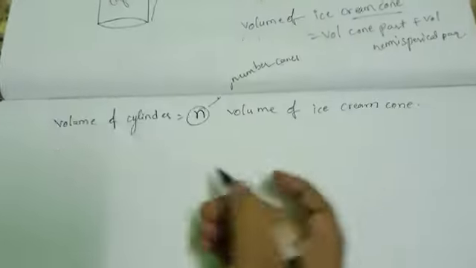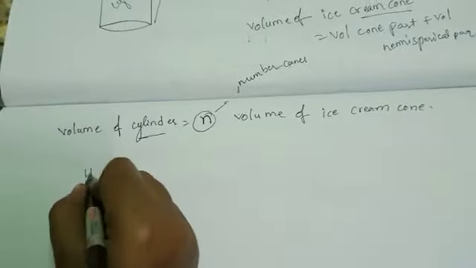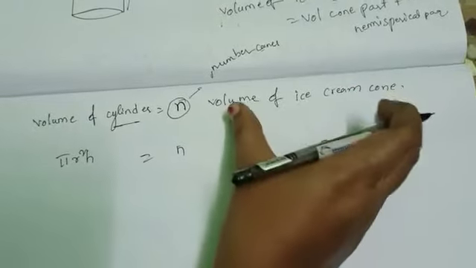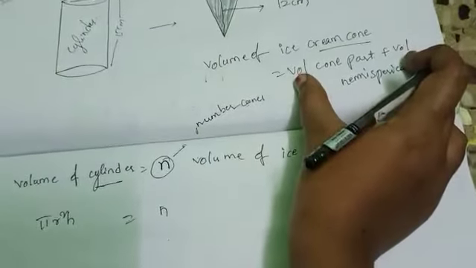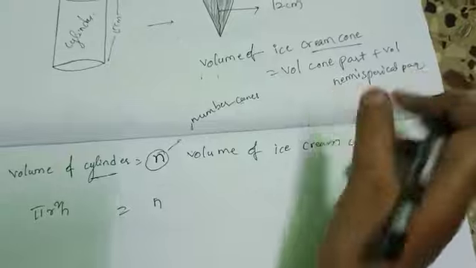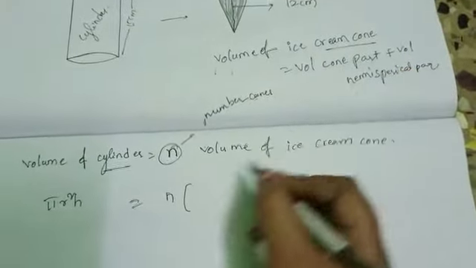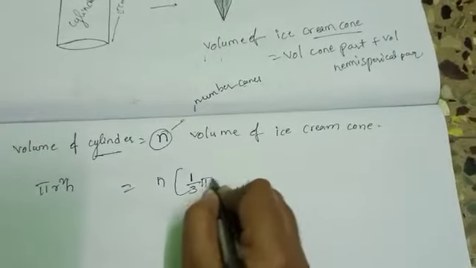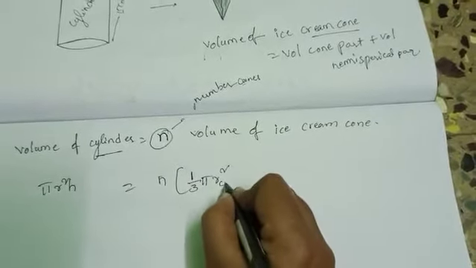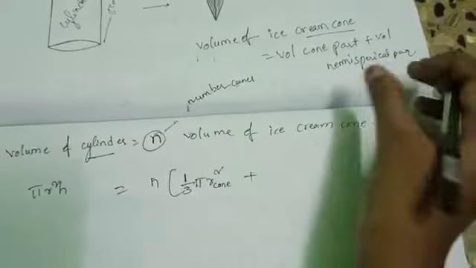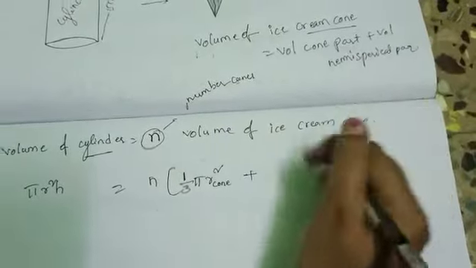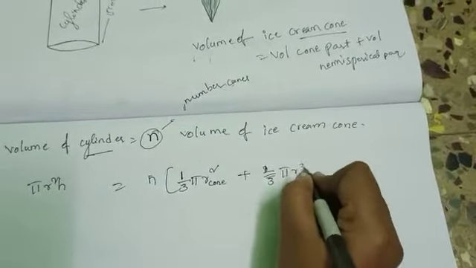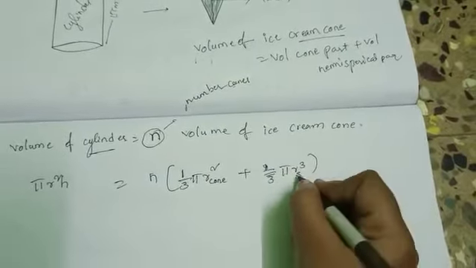So the volume of the cylinder, pi r square h, equals n into the volume of the ice cream cone, which is the volume of the cone part plus the volume of the hemispherical part. The volume of the cone part is 1 by 3 pi r square, where r is the radius of the cone, plus the hemispherical part volume 2 by 3 pi r cube, where r is the radius of the hemisphere.